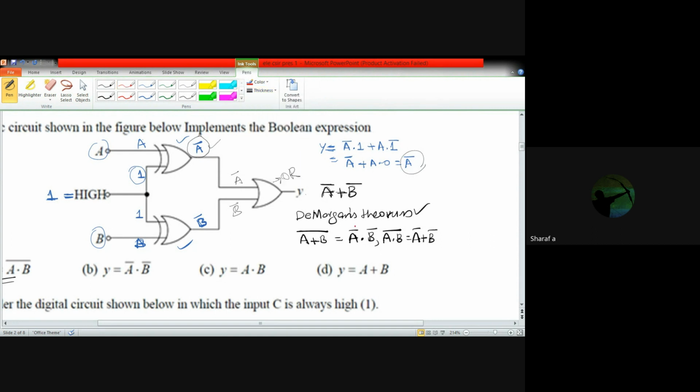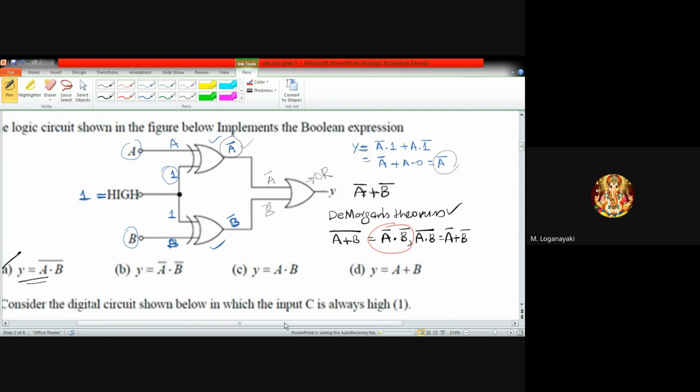As I have written here, you can see. I understood that about A bar plus B bar. When you take the bar for A bar plus B bar, it will come A dot B, na sir? Answer C or A? Now we have to get this answer, right? A bar plus B bar. Yes, sir, I understood that. Okay.